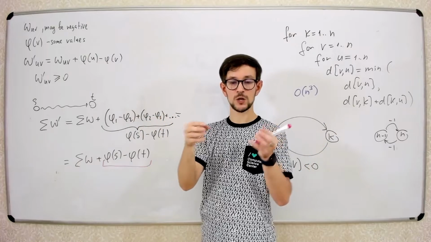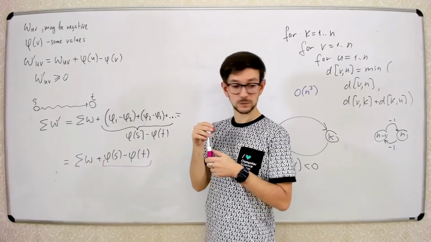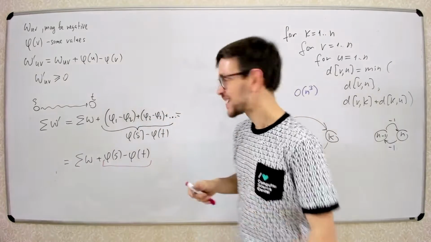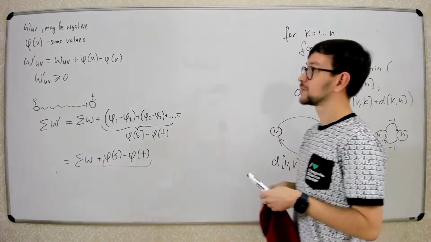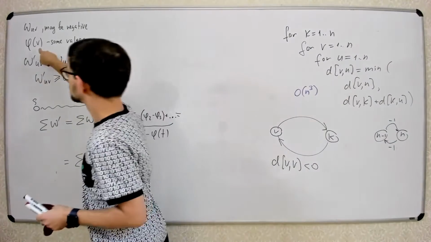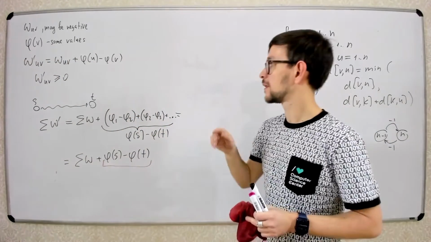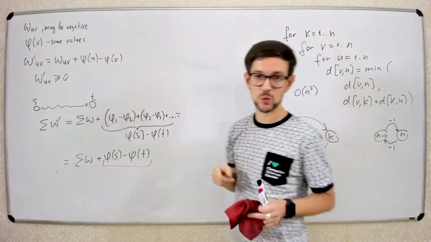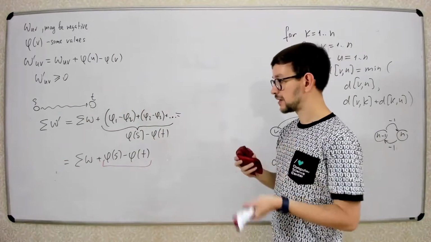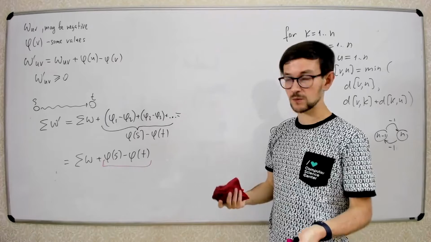Yeah. So it makes sense? So what will you do? If you find these values phi such that all new modified weights are non-negative, then you can apply Dijkstra's algorithm.